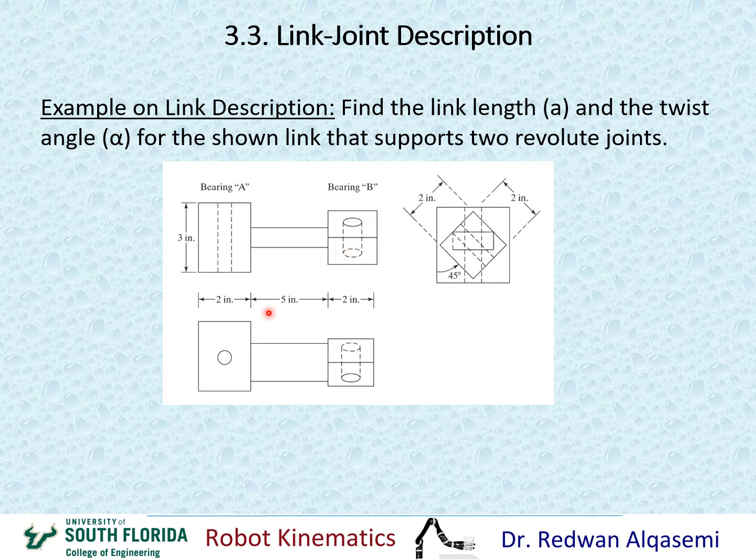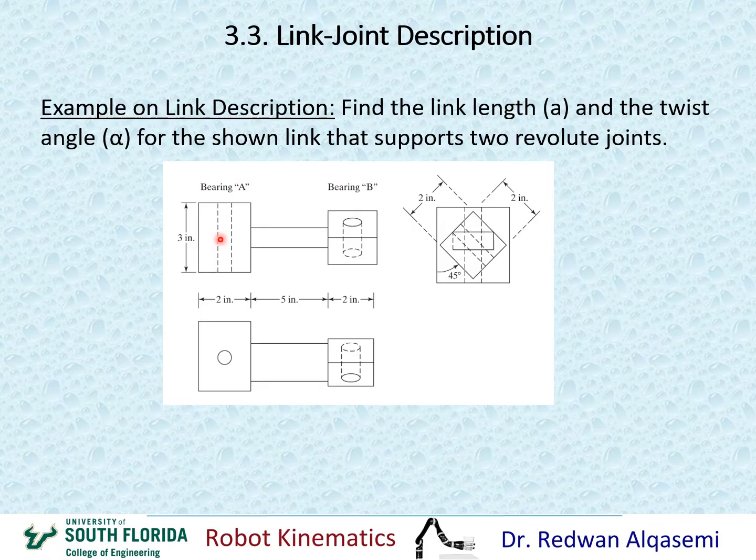These are 3 different orthogonal views of the link and joint pairs. We have a bearing here, and as you can see, there's the shaft that goes in here. And there's another bearing here where the shaft goes. You can notice that the block for bearing B and the block for bearing A are not parallel to each other.